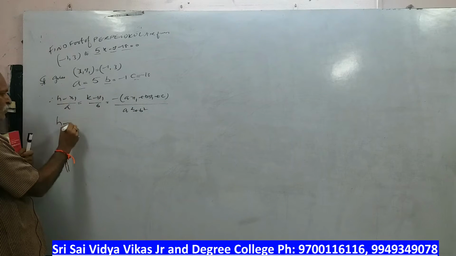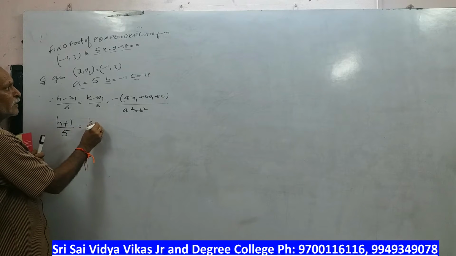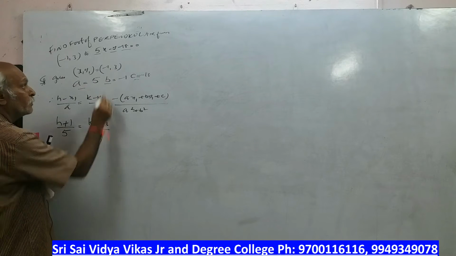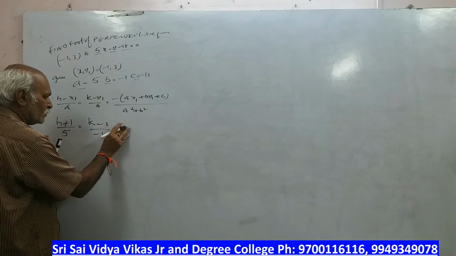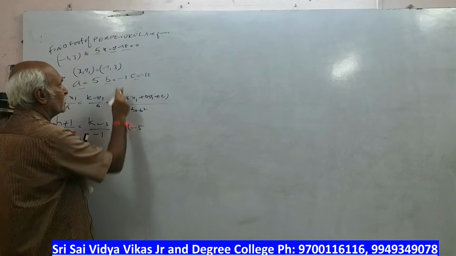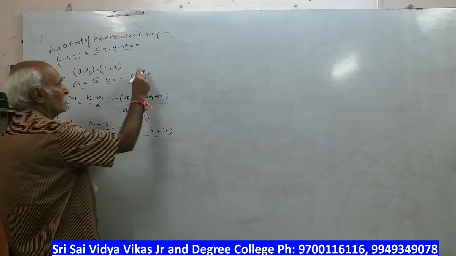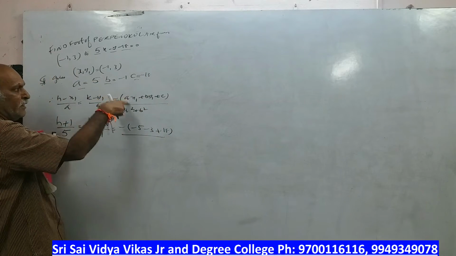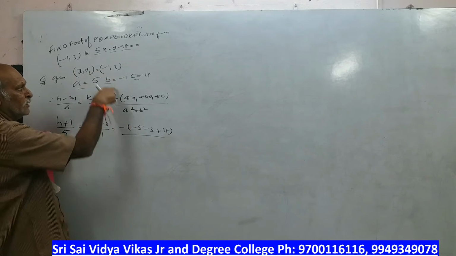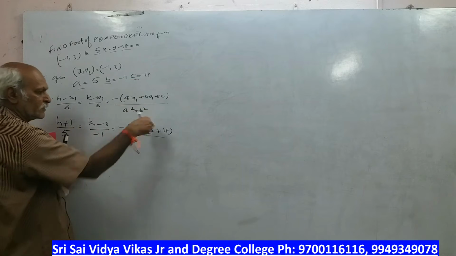H minus x1 is h plus 1, by 5, is equal to k minus y1, y1 is 3, by b, which is minus 1, is equal to minus of a x1, 5 into minus 1 is minus 5, b into y1, so minus 1 into 3 is minus 3, then c.